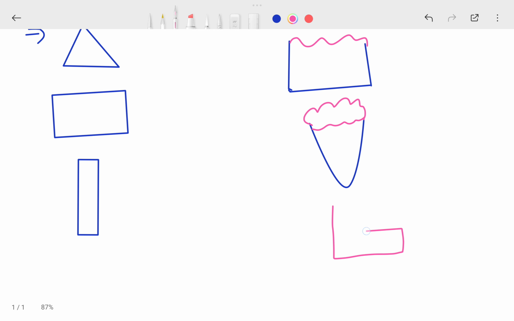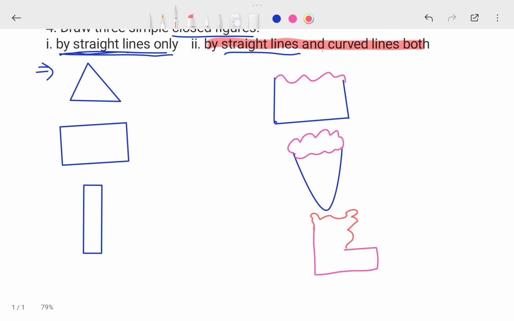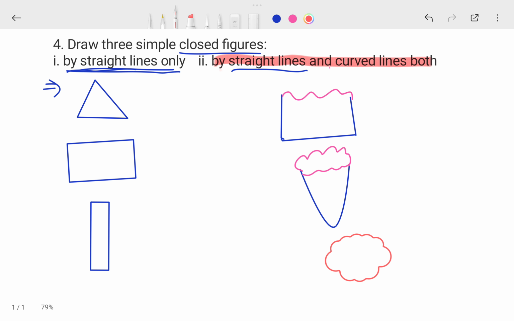Now you can draw something like this here. Otherwise another figure you can draw like this. So these are some figures you can draw. These are closed figures only. If you see, this ice cream is also closed.